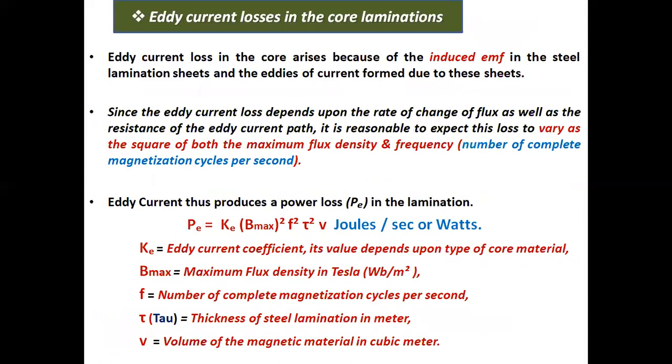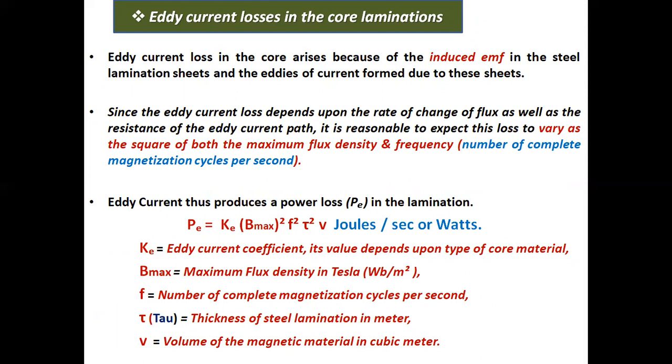Eddy current losses in the core laminations. Eddy current loss in the core arises because of the induced EMF in the steel lamination sheets and the eddies of current formed in these sheets.